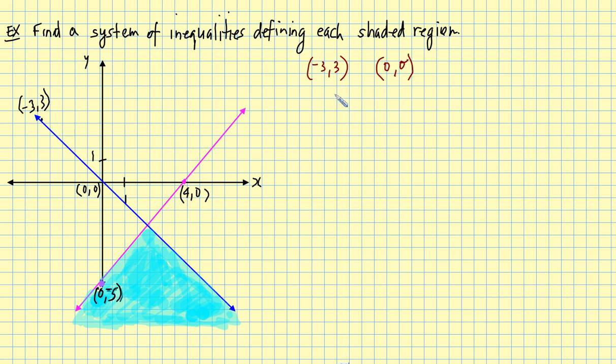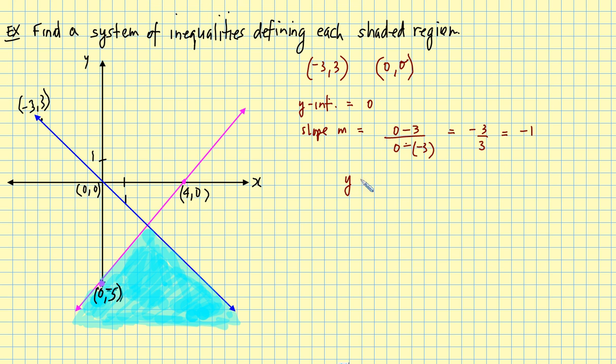So I know that my y-intercept is equal to 0, and I know that my slope, or my m, is going to equal 0 minus 3 over 0 minus negative 3, which gives me negative 3 over 3, which equals negative 1.